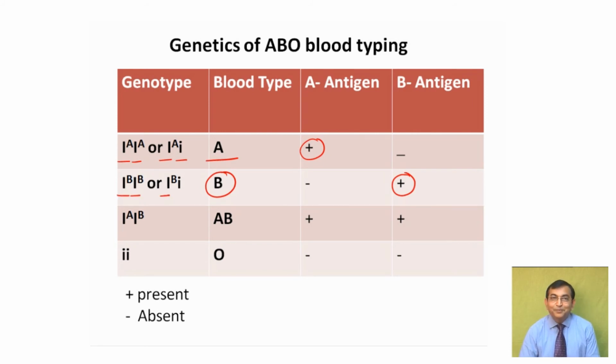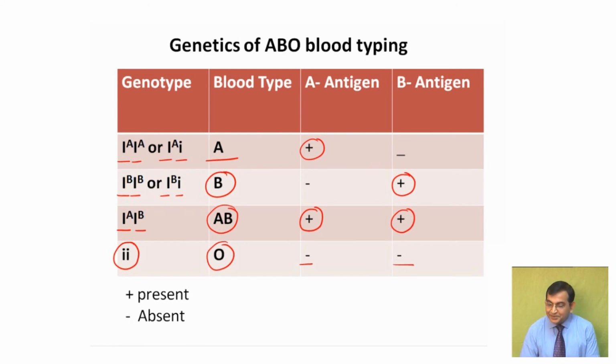In case of AB blood type, it produces both A antigen and B antigen and is represented by the genotype IA IB. In case of O blood type, it produces neither A antigen nor B antigen and it is represented by small i small i. So, this is about the genetics of ABO blood typing.